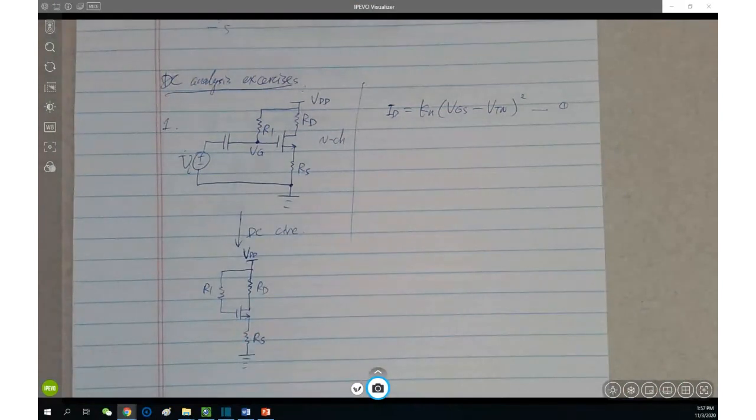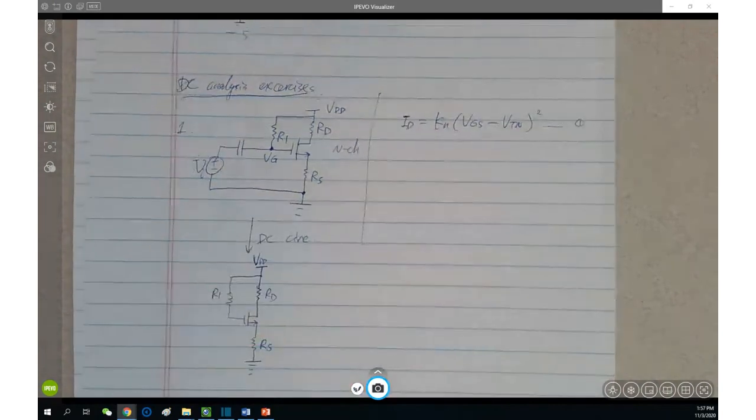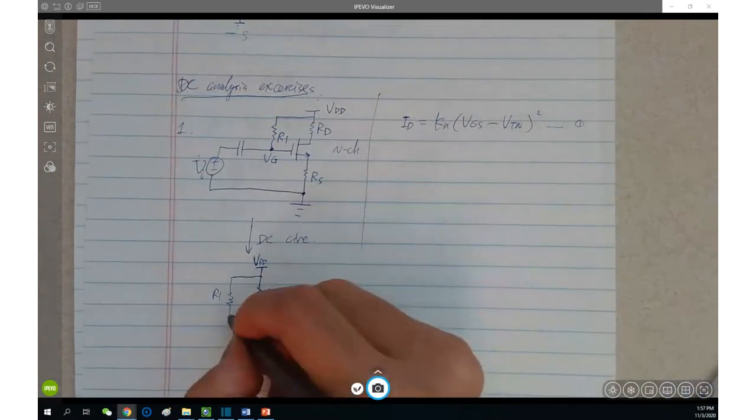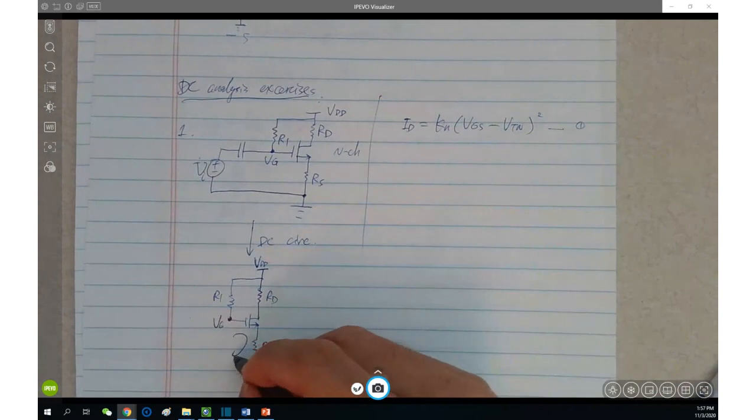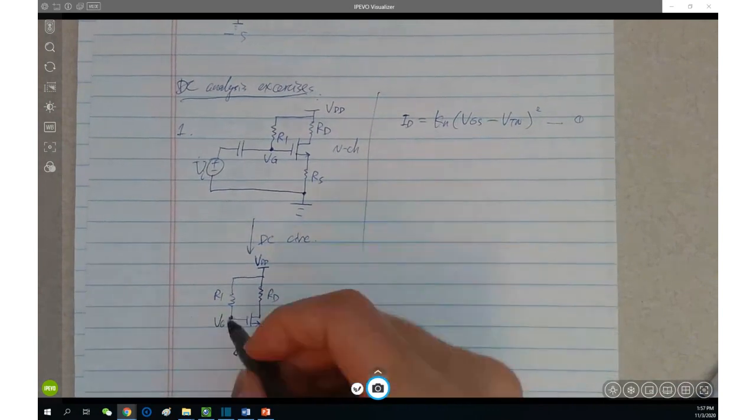Right, see, this is a DC circuit. So from here, first of all find VG, and therefore write a KVL in the VGS loop.